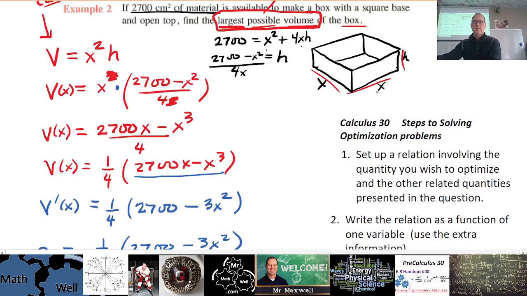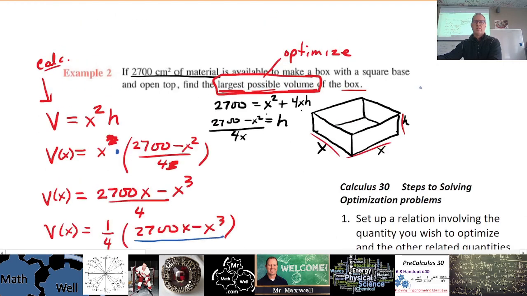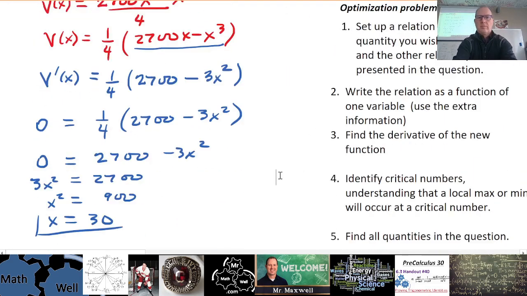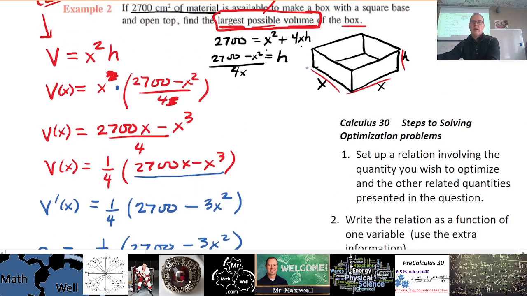So if x equals 30, then what I have to do here, so I have to find the largest possible volume. So I've got x equals 30. Yeah, that looks pretty good.